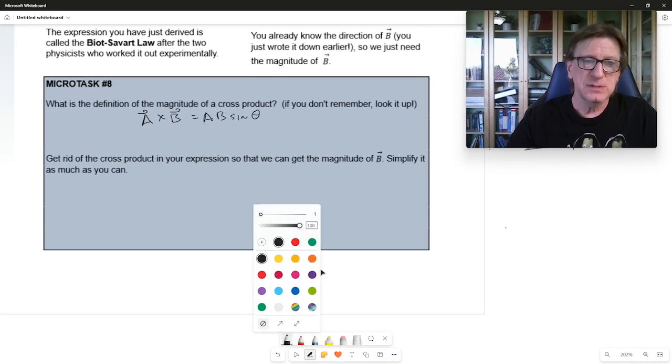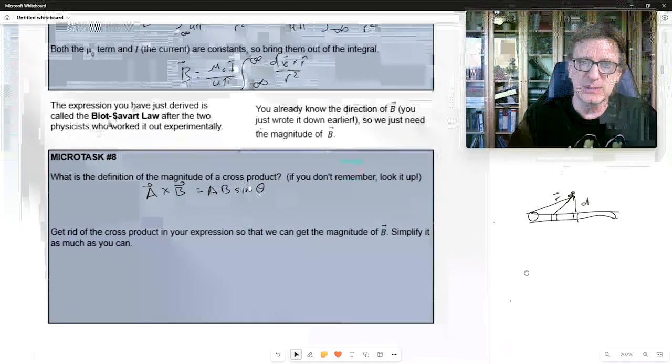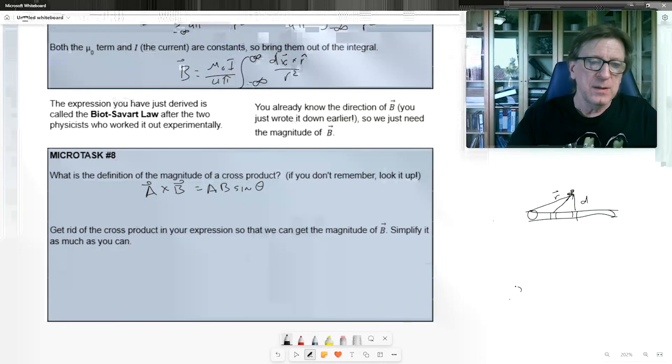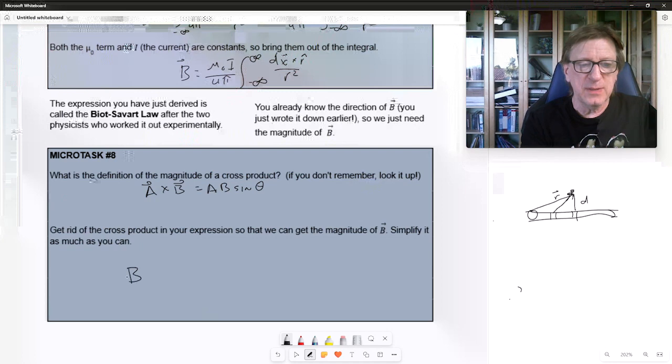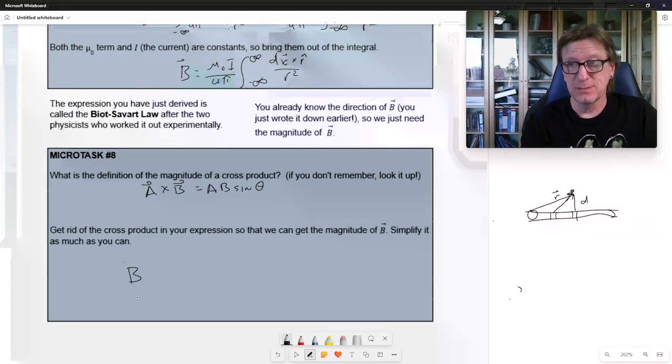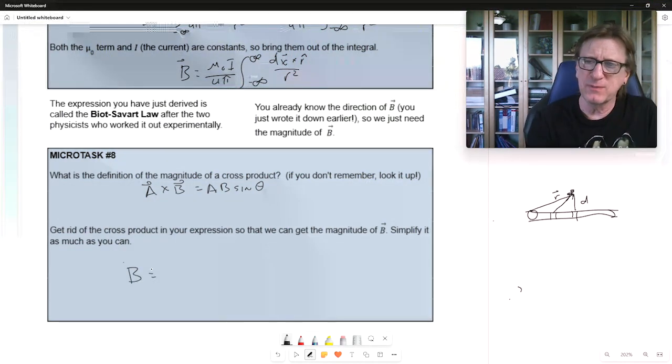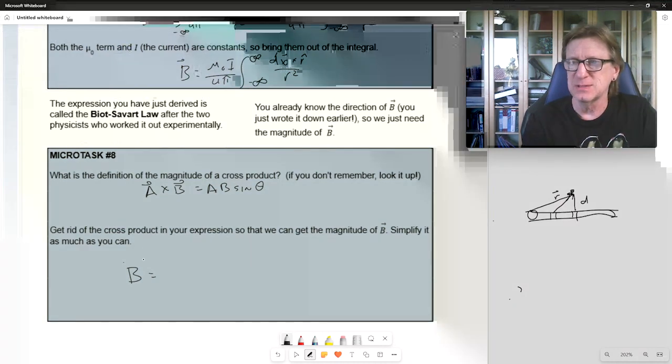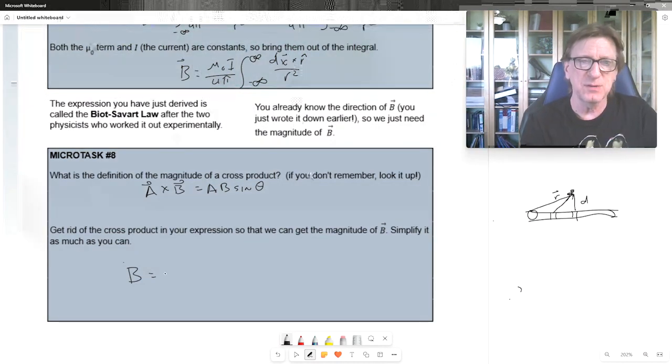So let's do that here. Let's go ahead and keep that integral where we can see it. Then we get the magnitude of B, because I've gotten rid of the vector sign here. We know the direction of B; we use our right-hand rule for that, so that's not going to be challenging.